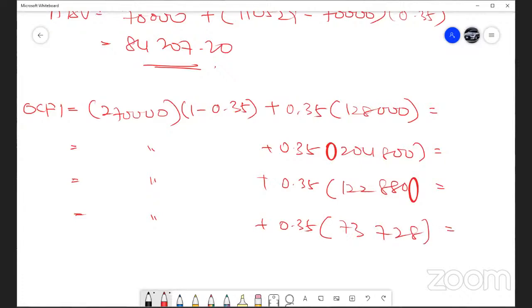So your operating cash flow here, you get 220,300, 247,180, 218,508, and 201,304.8.